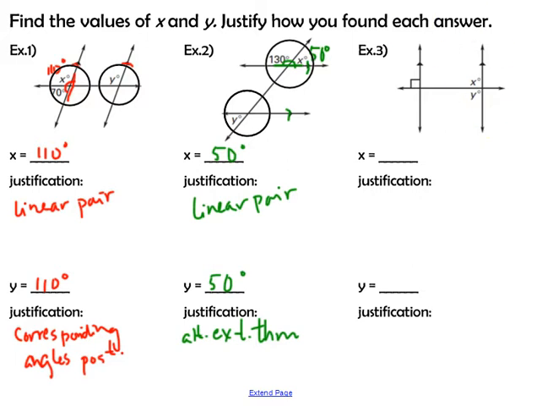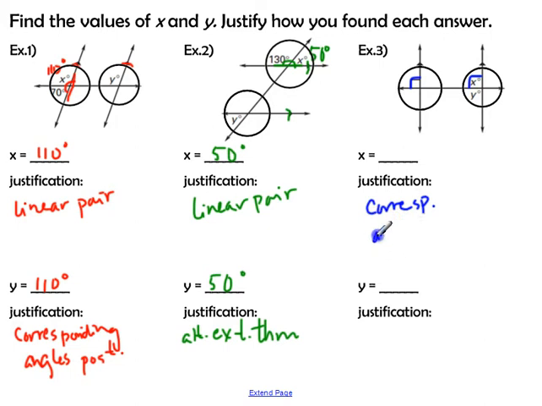Lastly, let's look at this example. So this angle here is 90 degrees. And then we don't have a linear pair here, so let's focus on those circles and see what relationships we can build. So again, that right angle is in the top left side. X is also in the top left side. That means they're in the same position, so these are corresponding angles.